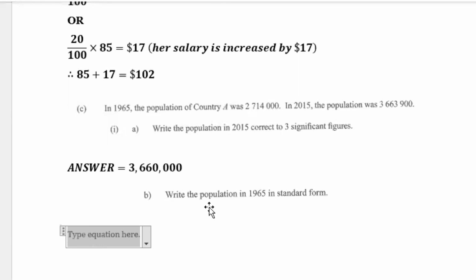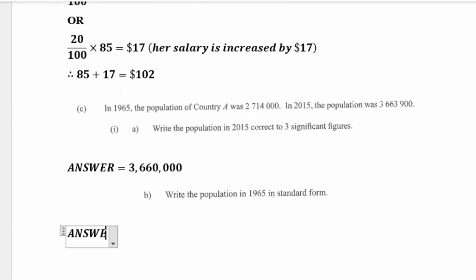Remember, when you write in standard form, the decimal point goes behind the first non-zero digit. So we're moving our decimal point from basically behind the 0 here, and you're moving it 1, 2, 3, 4, 5, 6 places.